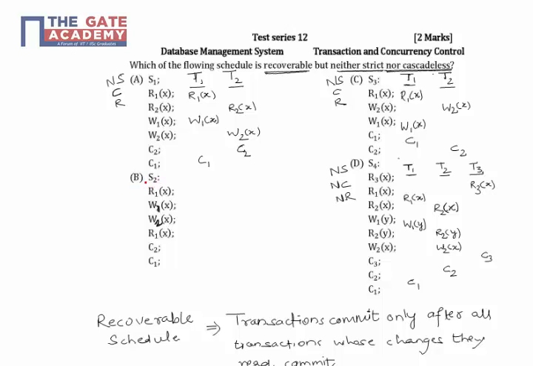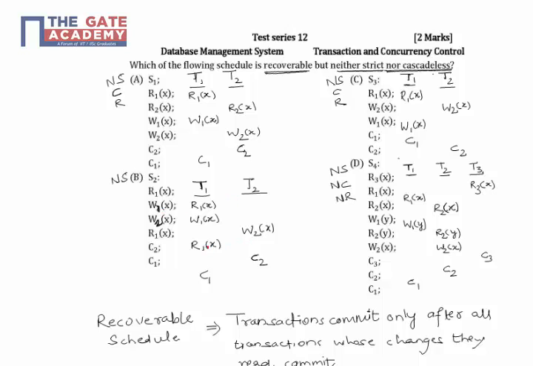The schedule S2 can also be written as follows. In this schedule, the write operation of transaction T1 conflicts with the write operation of transaction T2. However, transaction T1 does not commit immediately after the write operation. So, this schedule is not a strict schedule.